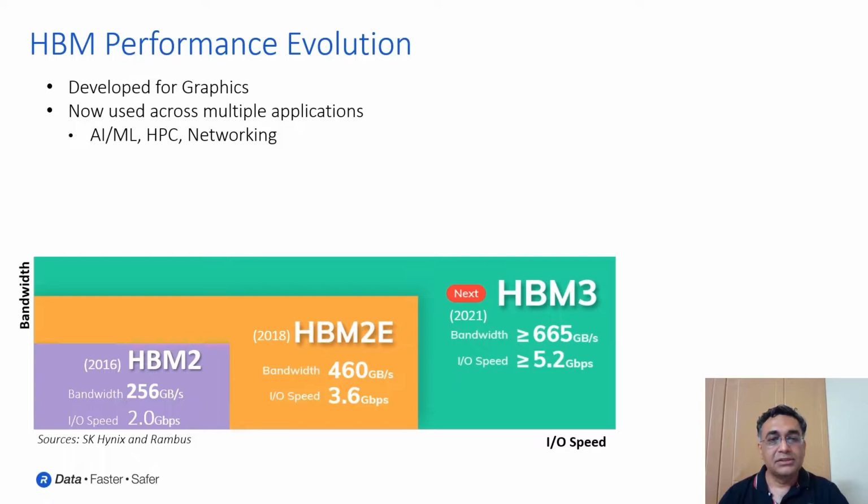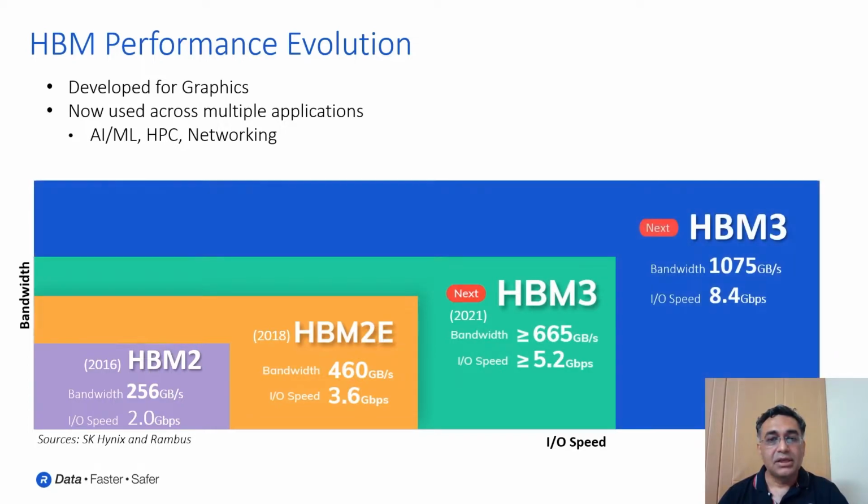HBM2E was released in 2018. It was an enhanced version of HBM2, and it nearly doubled the bandwidth. Last year, HBM3 has been announced. The I/O speed is going to be higher than 5.2 gigabit per second per pin, and we see this trend of growing speed is going to continue. HBM3 will eventually clock much higher data rates, and our estimate is that it would provide 1 terabyte per second of bandwidth per device.